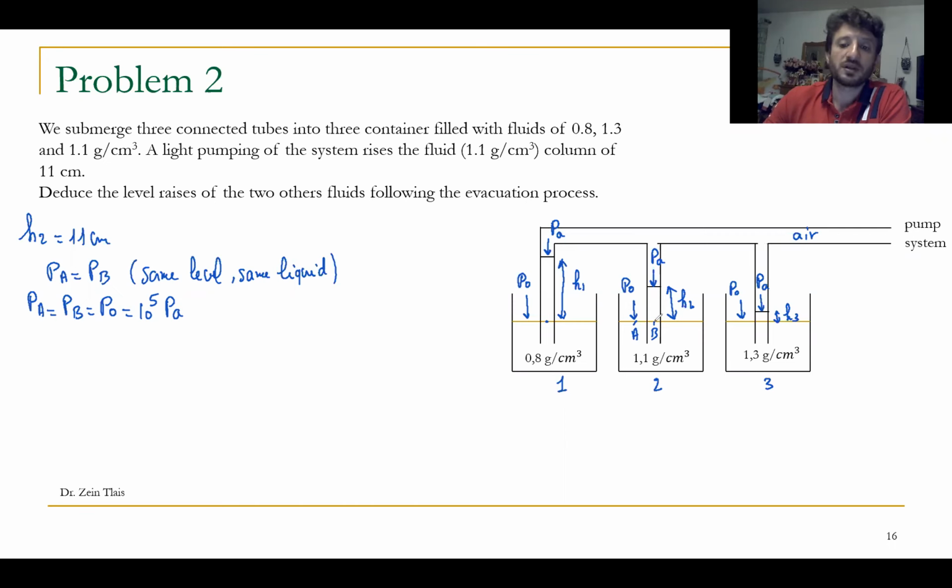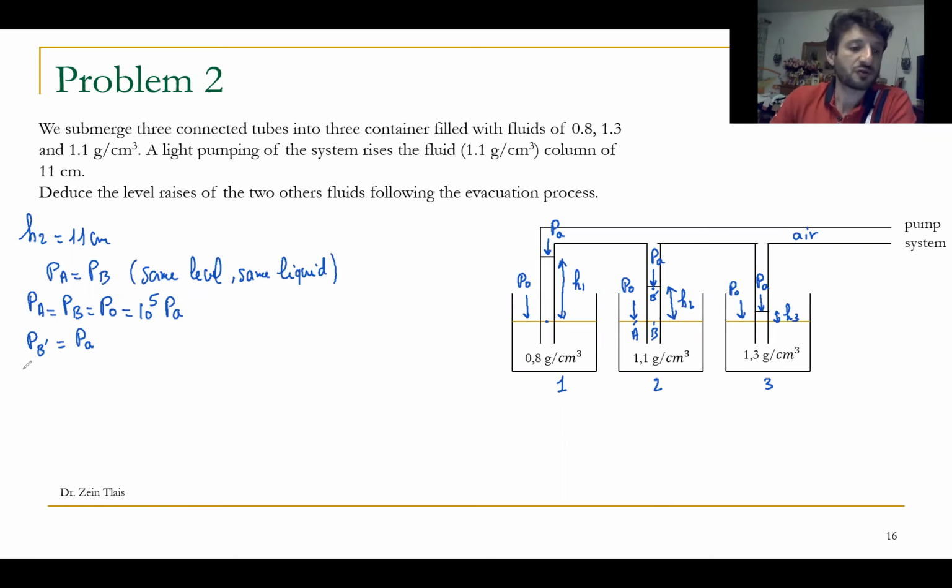Okay, and between B and PA, let's say we have here B prime. PB prime equals PA.